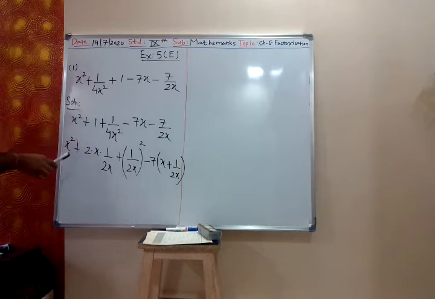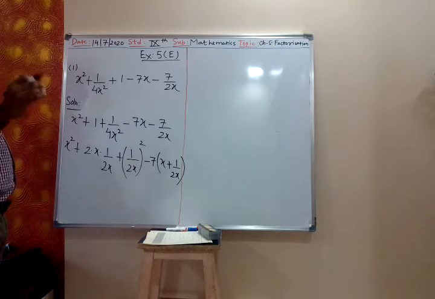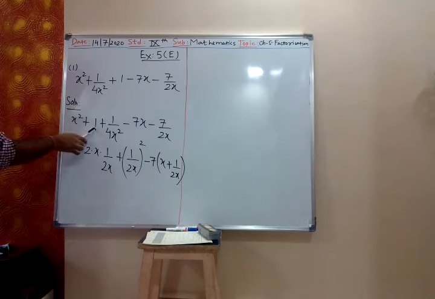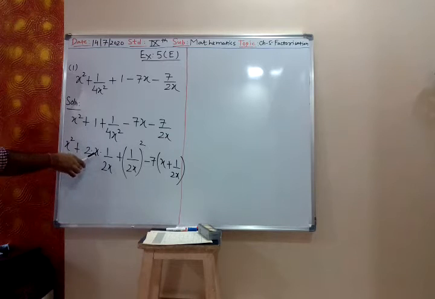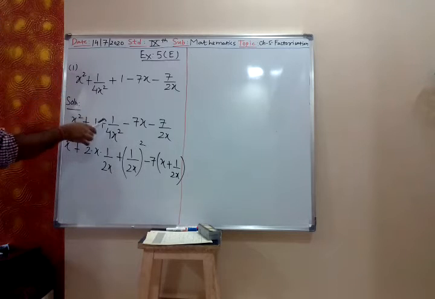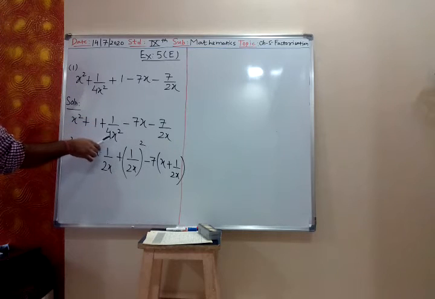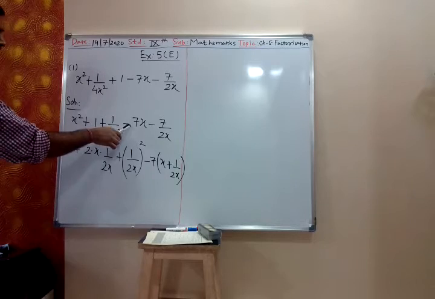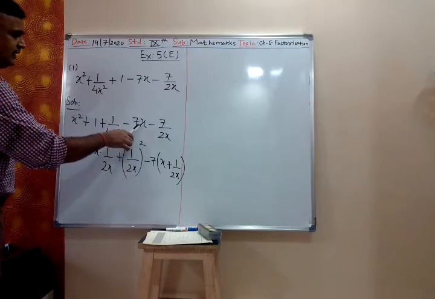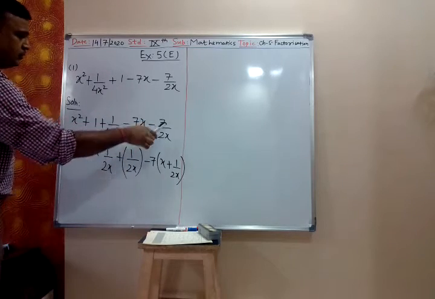So this phi is based on all this. This one I have written 2 into x into 1 upon 2x. 2x gets cancelled. What is left? 1 is left. And this is 1 upon 4x square, which is 1 upon 2x whole square. Minus 7 is common. Then it is x plus 1 upon 2x.